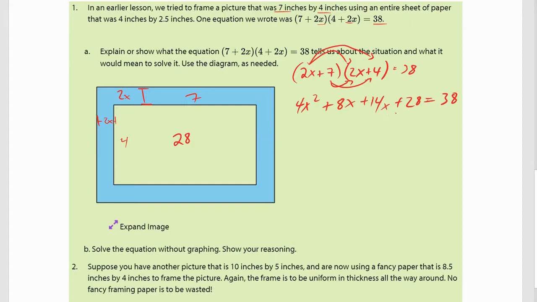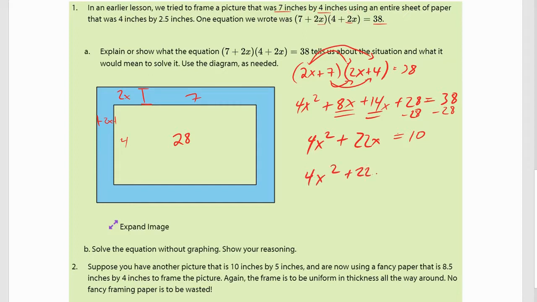So subtract the 38, but first let's combine our two middle terms. And that should give us the 22x. Let's subtract the 28 to both sides. And that gives us what, 10? And then let's move over that 10 so we have a quadratic equaling 0.